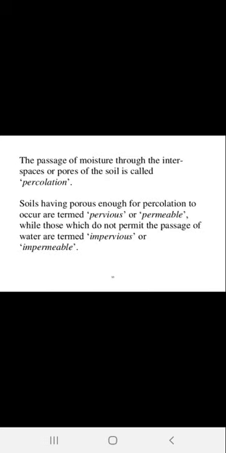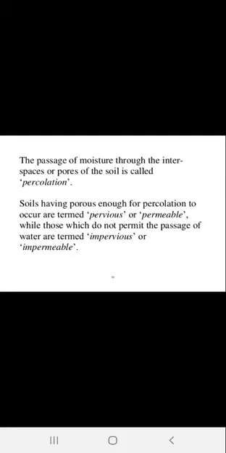So the passage of moisture through the interspace of the pores of the soil is called percolation. Percolation means that water can percolate in the soil within the voids present in your soil, right? Soil that is porous enough to allow percolation is termed pervious or permeable.